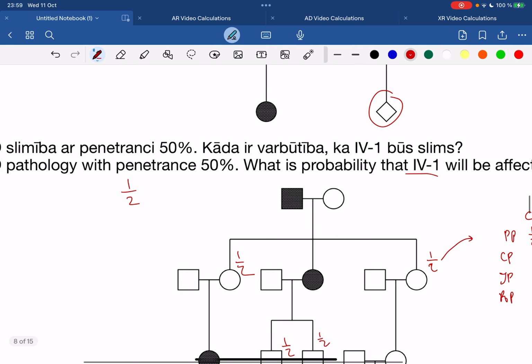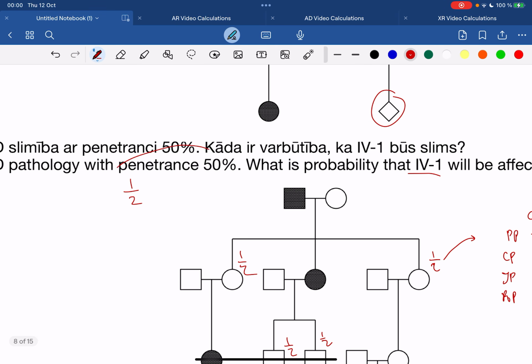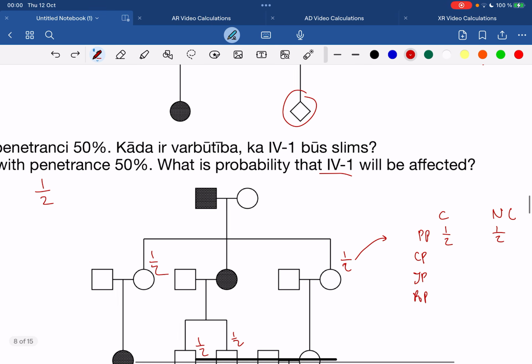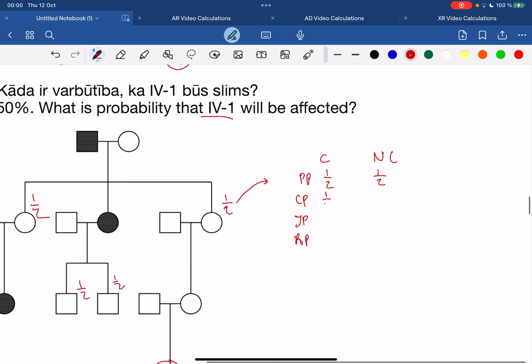And then the rest of the penetrance, which is 1 minus 1/2, which is 1/2 as well. 1 there, 1/4 there, 2/4 to equalize the denominators. Then it would be 1/3 right here. So 1 out of 3.